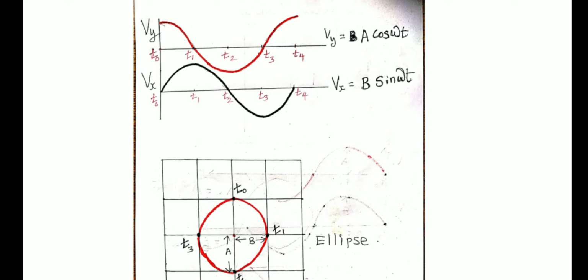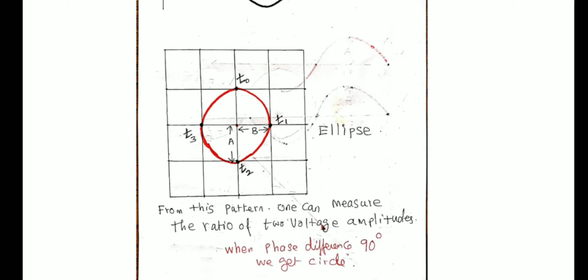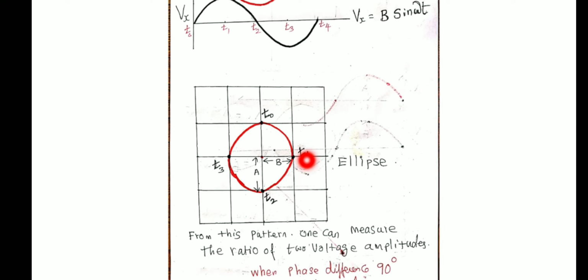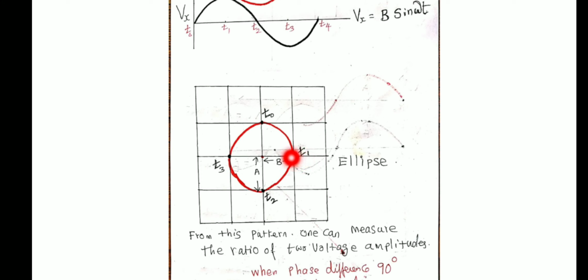Now at time t2, again Vx is 0, Vy is negative maximum. So from here the luminous spot, Vx is 0, but Vy is negative maximum. Vx 0 means it tries to move towards the center, but Vy is negative maximum.